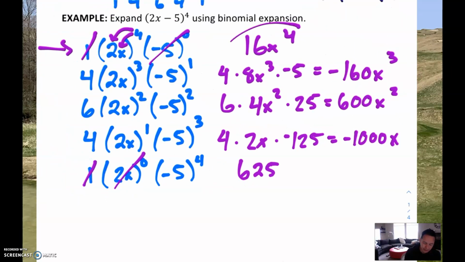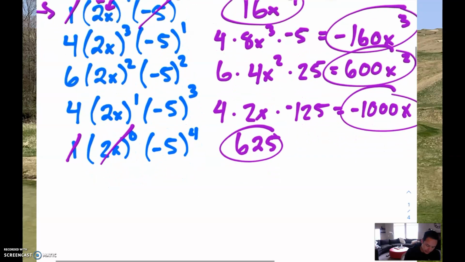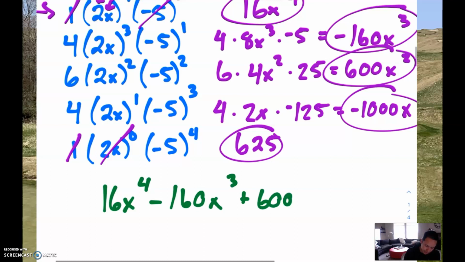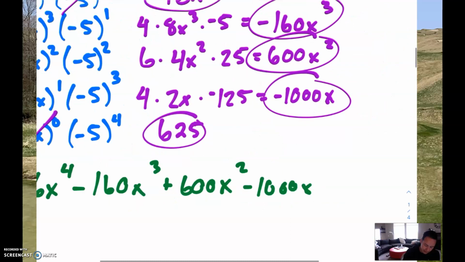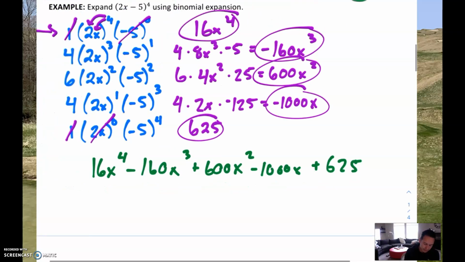So your final terms are here, and here, and here, and here, and here. And then we're going to write that all out as a polynomial. So we're going to get 16x to the 4th minus 160x cubed plus 600x squared minus 1000x, and then plus 625.